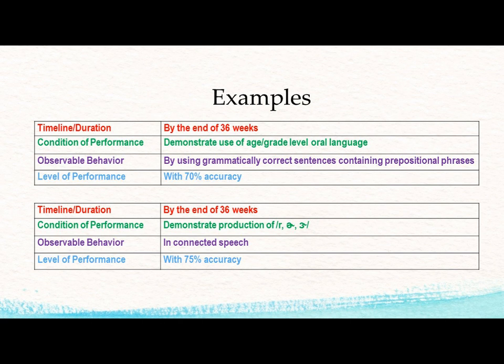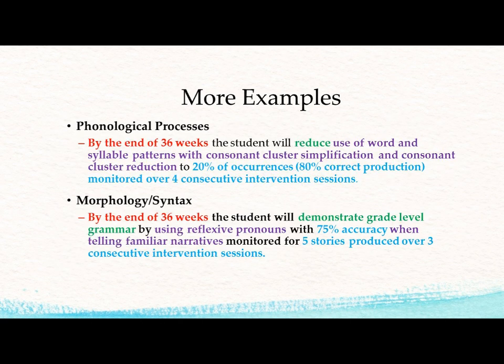For phonological processes, by the end of 36 weeks, the student will reduce use of word and syllable patterns with consonant cluster simplification and consonant cluster reduction to 20% of occurrences, or 80% correct production, monitored over 4 consecutive intervention sessions.